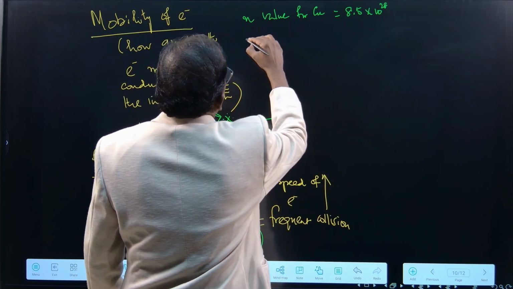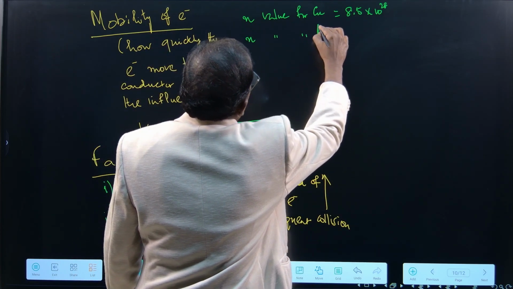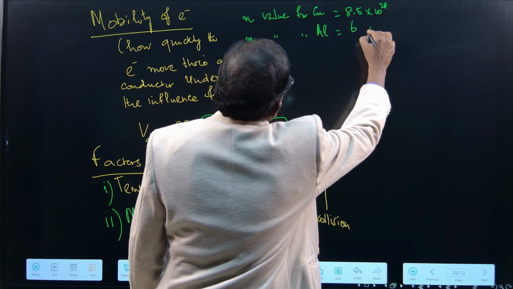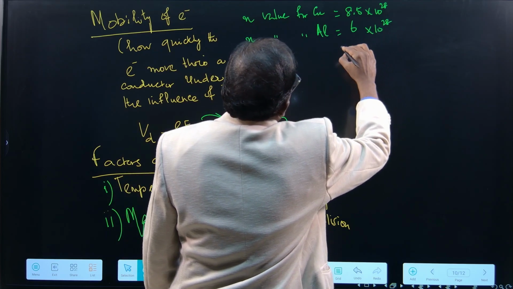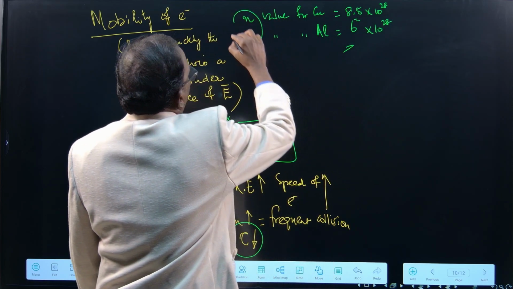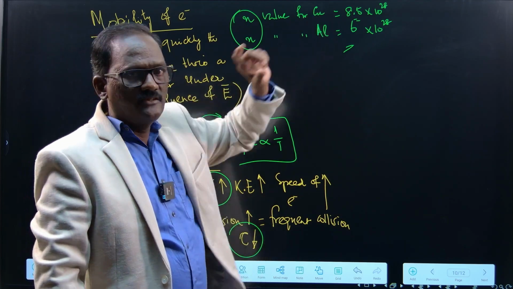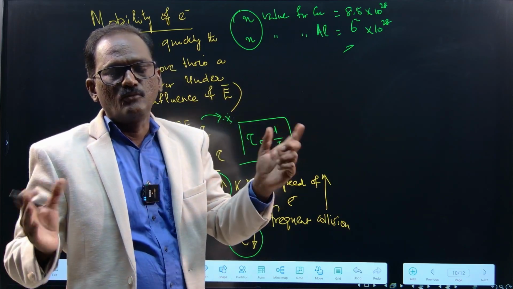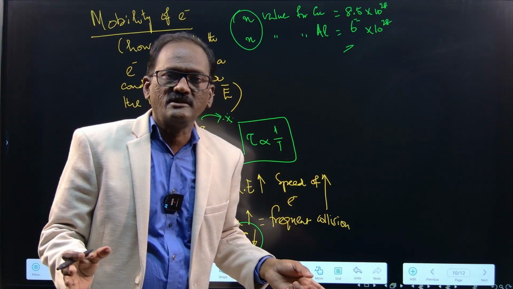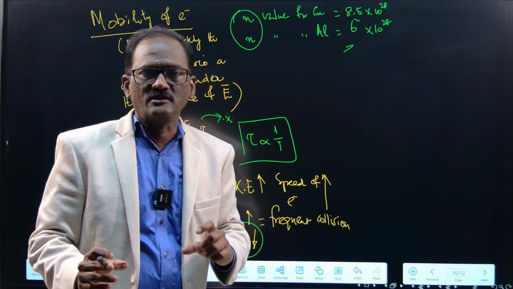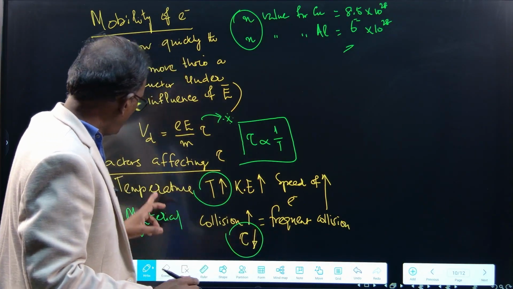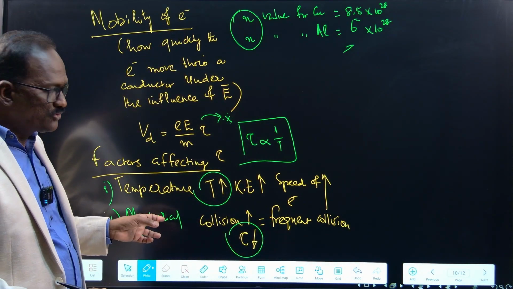The N value for aluminum is 6. So this N value is varying. If I choose a copper conductor, I will get more electrons. More free electrons means more collision, frequent collision, right? The time will be reduced. So number 1, temperature, number 2, material.